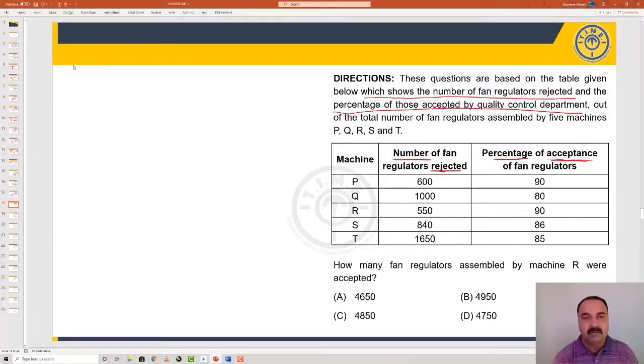For example, out of the 100% produced by any particular machine, P, Q, R, S, T, if 90% is accepted, we automatically know that the remaining 10% is rejected. And that 10% is 600 because the number rejected is known to you.